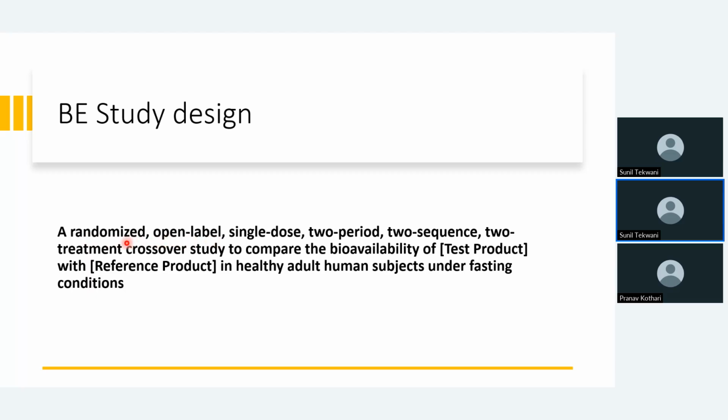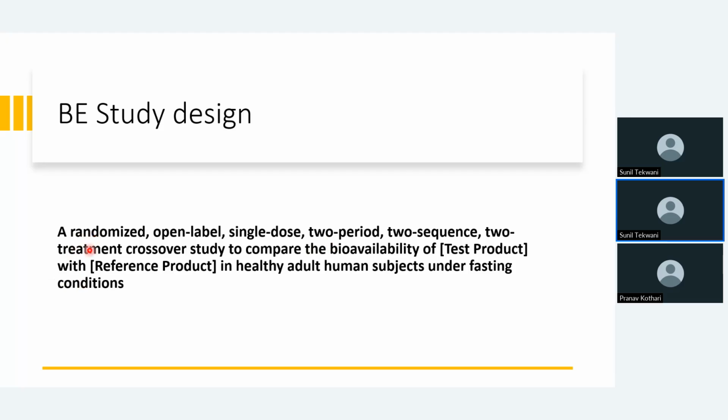So what I want to do is explain to you each of these terminologies and give you a proper definition of what is randomized, open label, single dose, 2-period, 2-sequence, 2-treatment and crossover design. And once you understand these concepts, then later you will find bioequivalence studies very interesting. So one by one, we will try to understand this terminology.